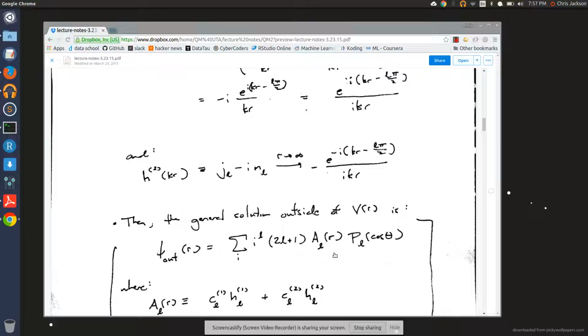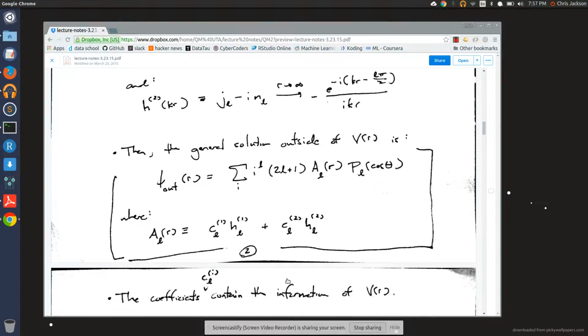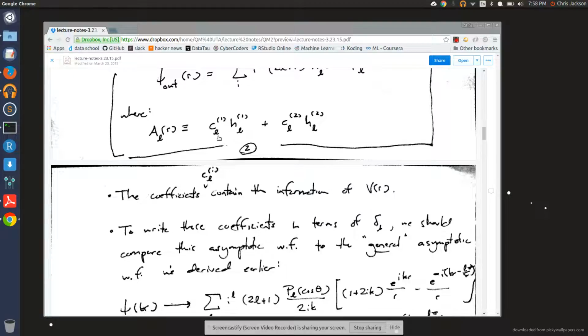We're going to have some coefficient A_l that depends on r, a linear combination of the Hankel functions. In general we'll have these coefficients, and these are the ones we want to evaluate using the boundary conditions. It should be noted that these are the ones that contain the information on the scatterer, the scattering potential.